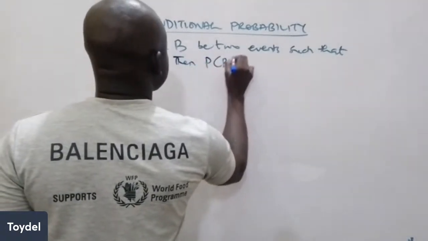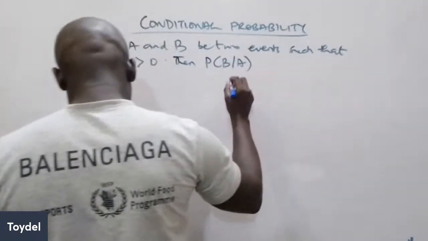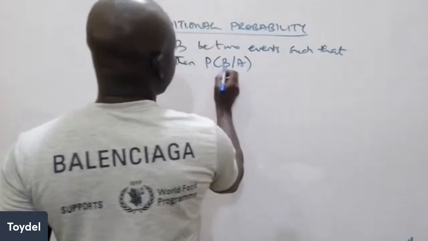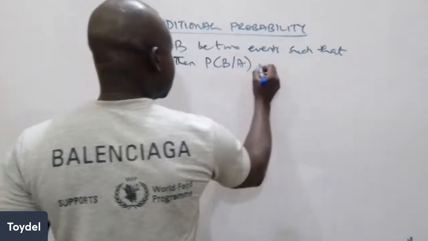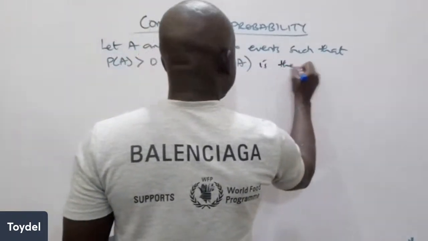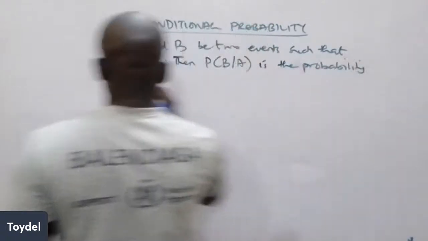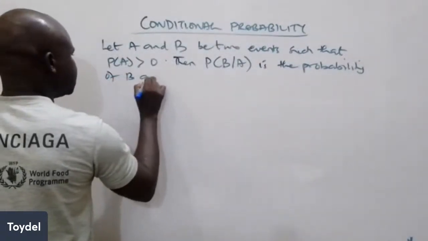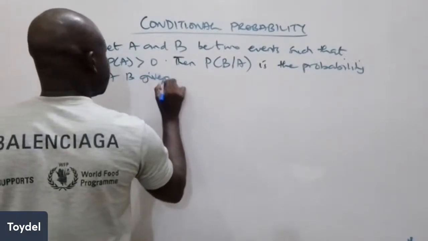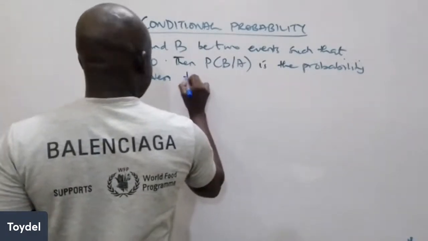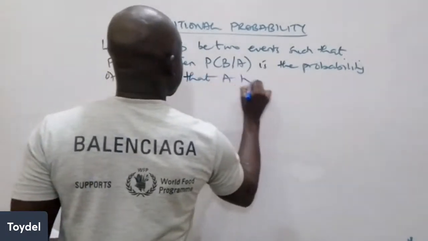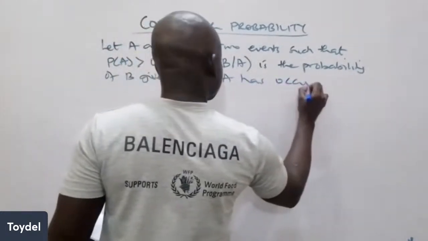Probability of B, given that A has occurred, probability of B slash A, is the probability of B given that A has occurred.